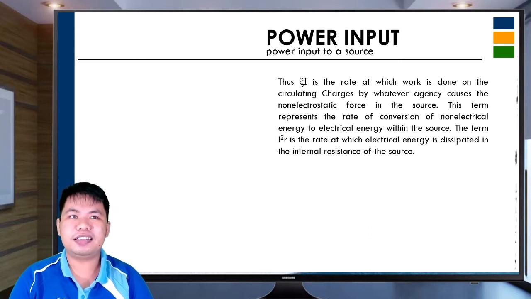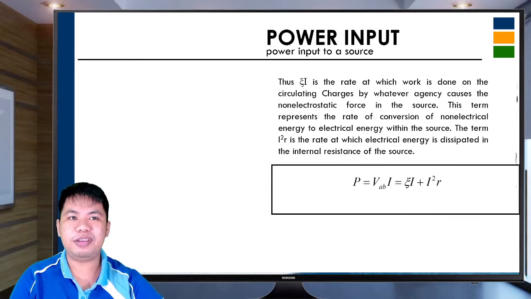This term represents the conversion of non-electrical energy to electrical energy within the source. Then the I squared R term is the electrical energy dissipated within the internal resistance of the source.